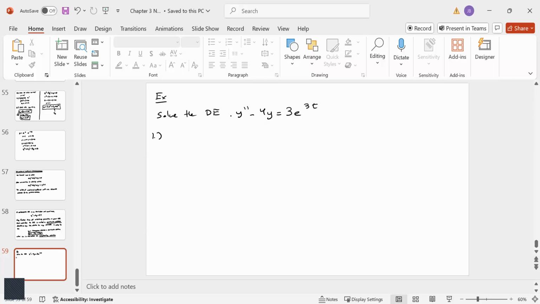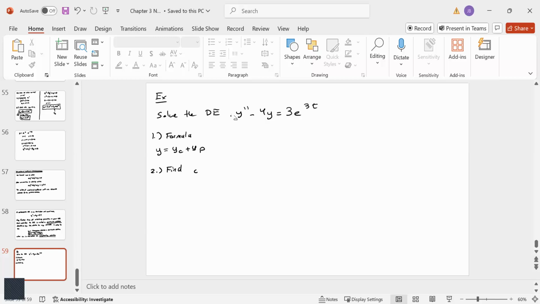So step one, formula. Y is equal to YC plus YP. That's all you've got to write down, just to remind you that there's two parts to the answer. Complementary, particular. Step two, find YC.